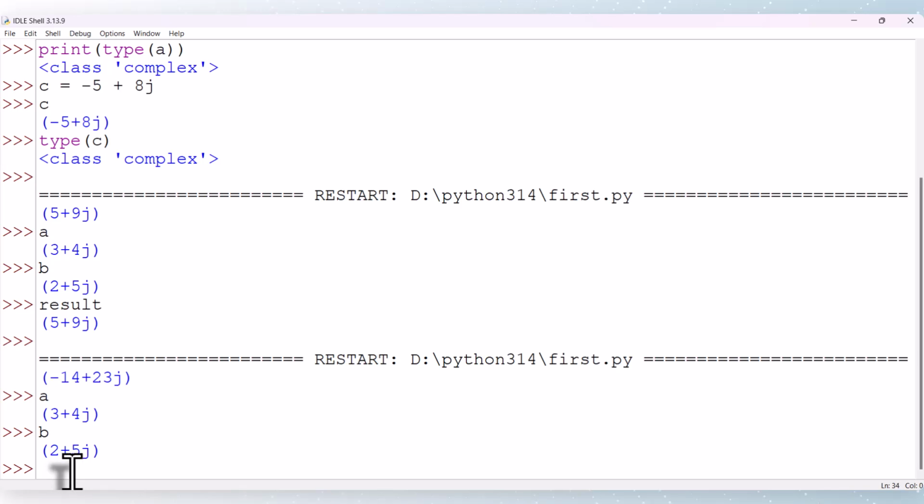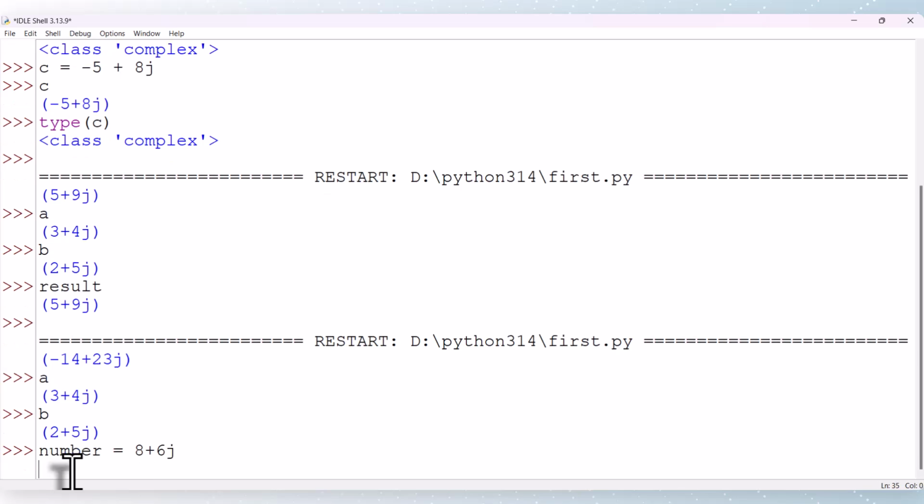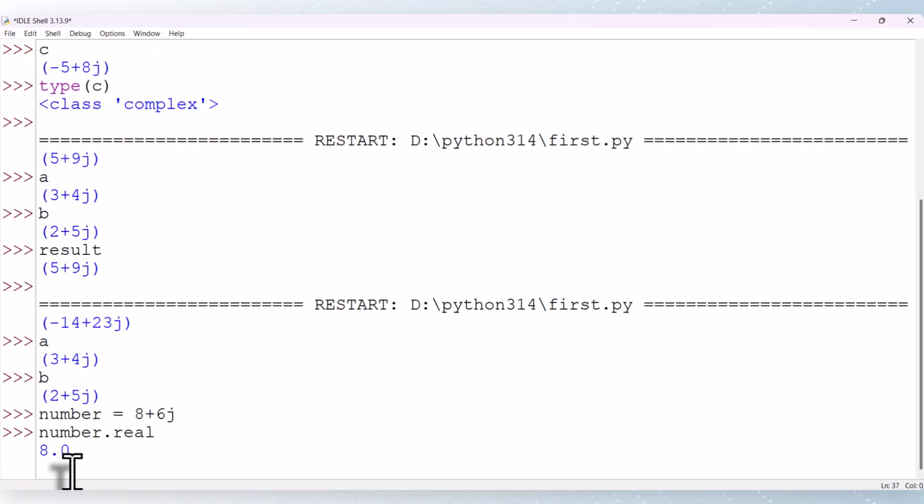Now you can also print the real part and imaginary part. If I take number equal to 8 plus 6j, and print number dot real, it will display the real part of that number. By default, these values are stored as floating point numbers.